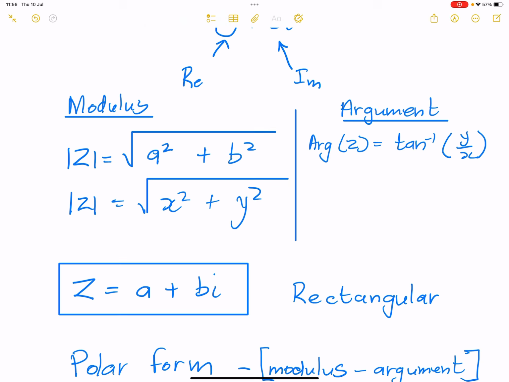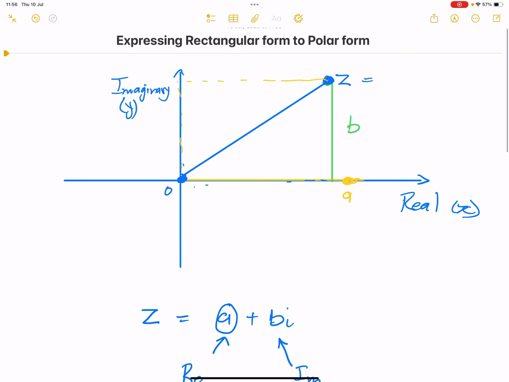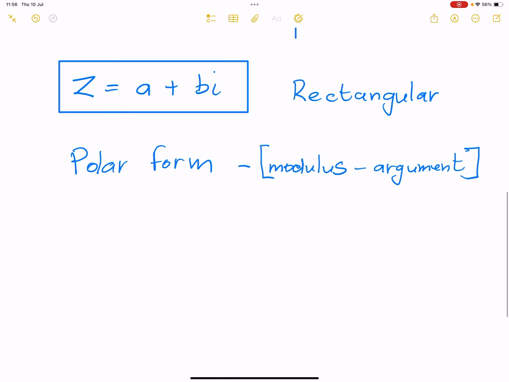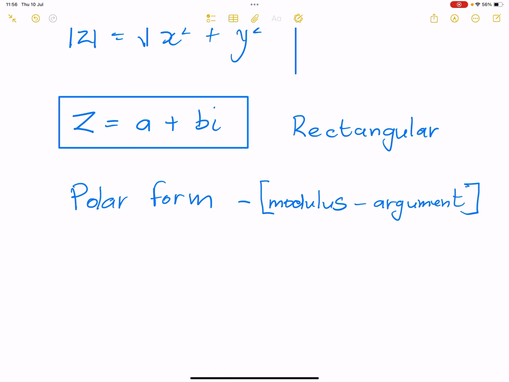So we can always find the value of the angle. And what is our argument? That's the angle of elevation between the real axes and where your complex number is. So that's the argument, as well as the modulus, which is our r value, the distance from the origin to our complex number.